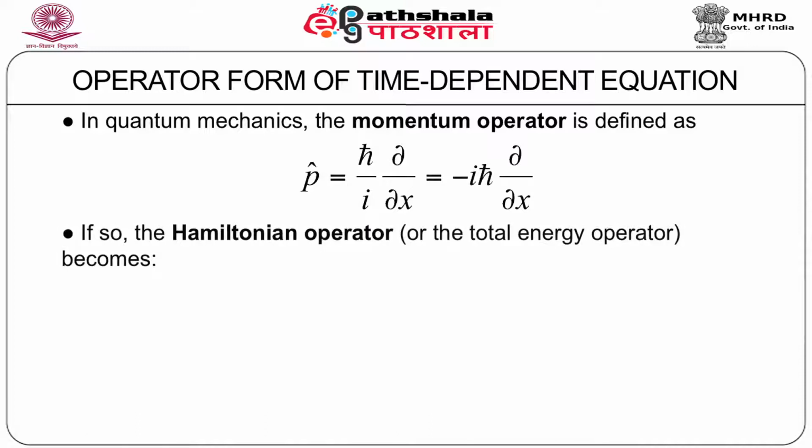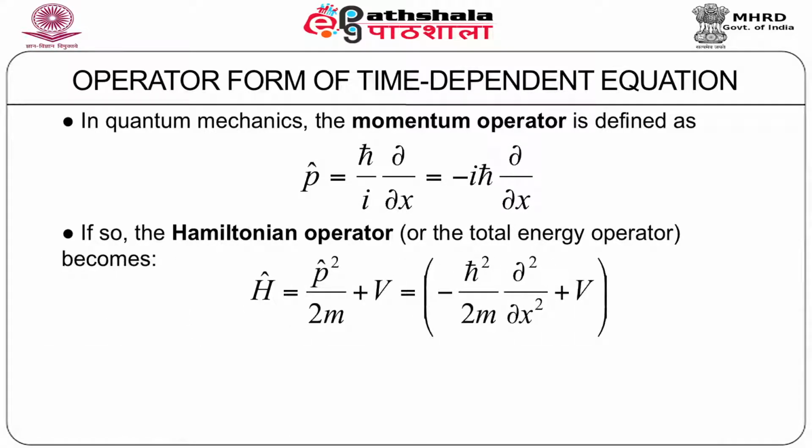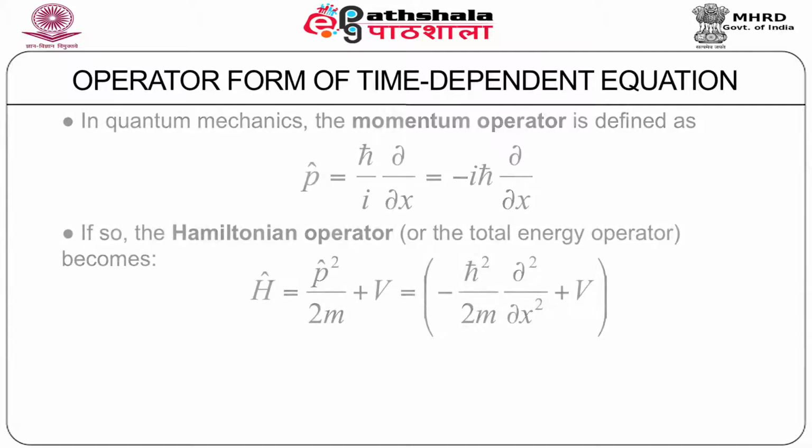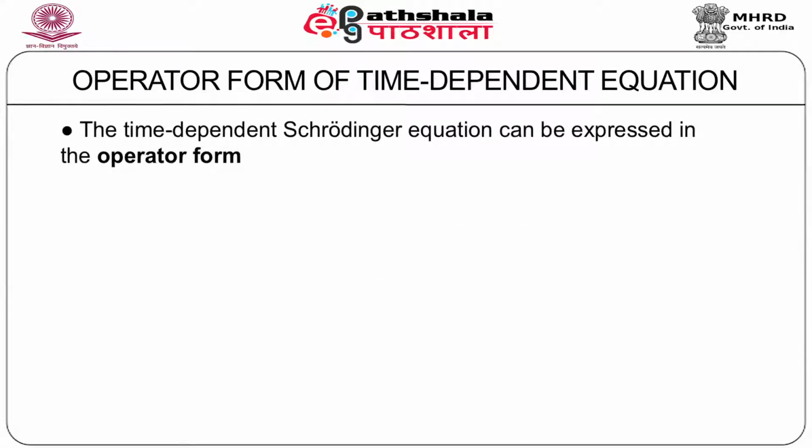So the Hamiltonian operator, or the total energy operator as it is called, becomes H equal to p square by 2m plus V, equal to minus h cross square by 2m d square dx square plus V. And if you introduce this, then the time-dependent Schrodinger equation can be expressed in the operator form, which looks very simple: i h cross d psi dt equal to H hat, that's the Hamiltonian operator, times psi.